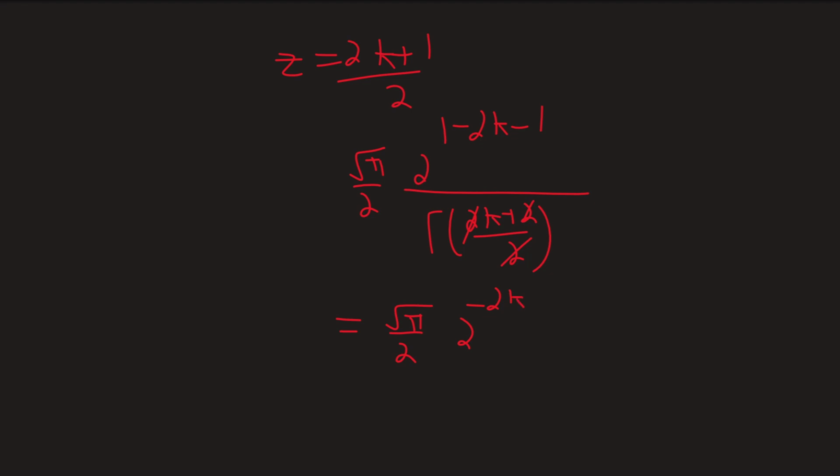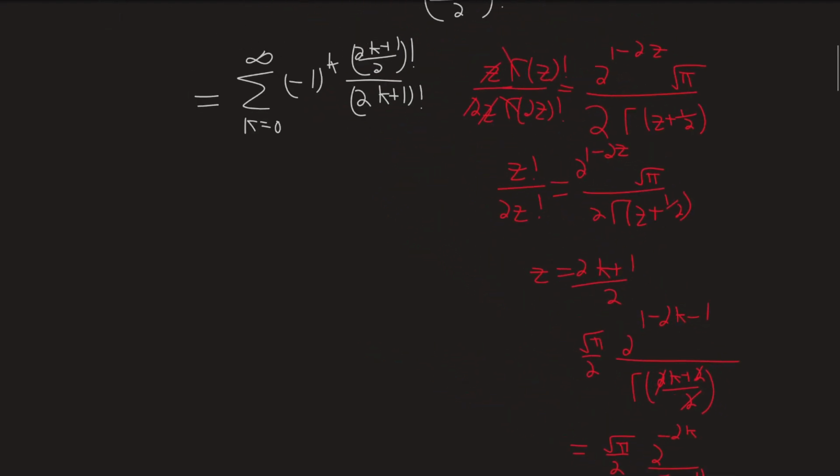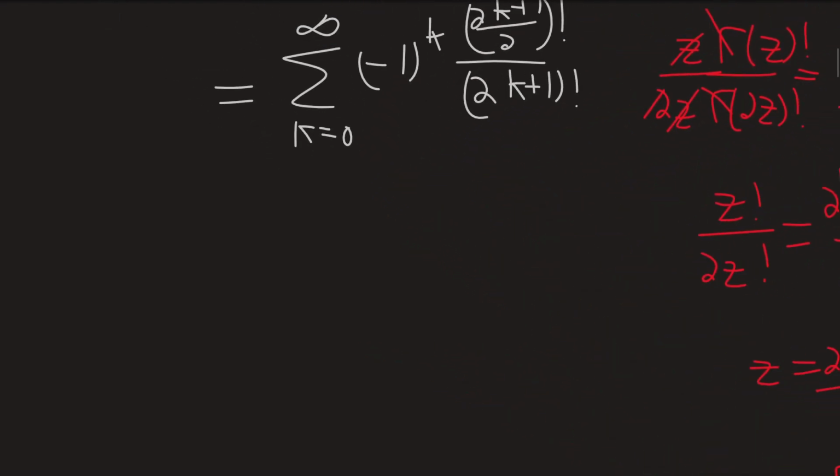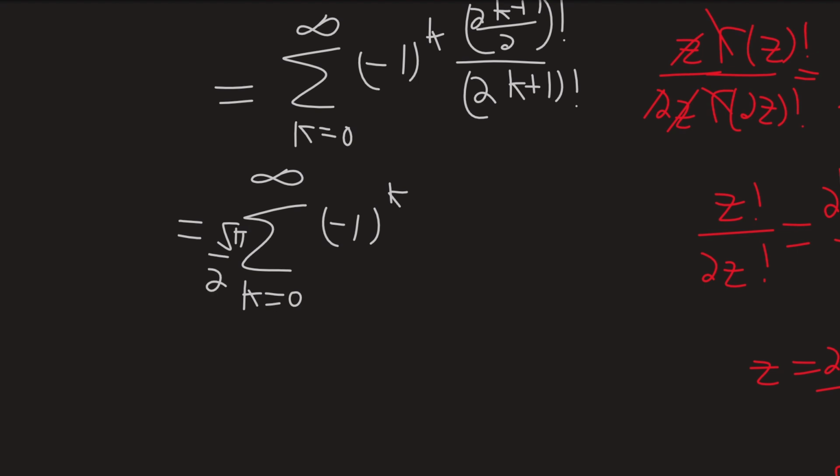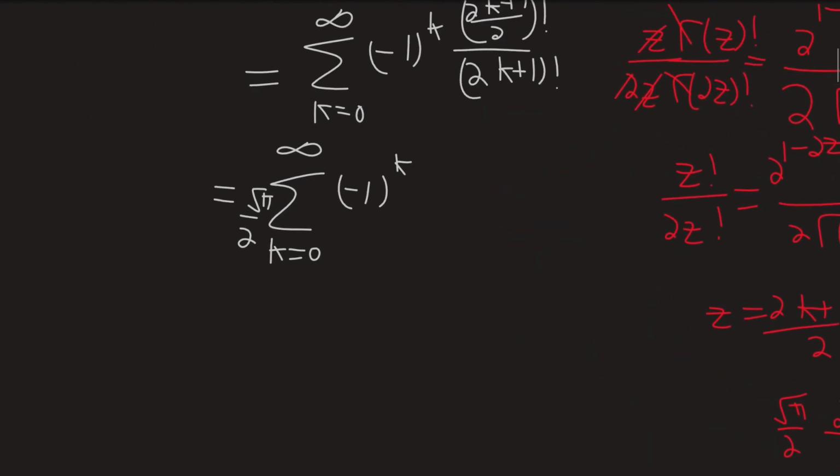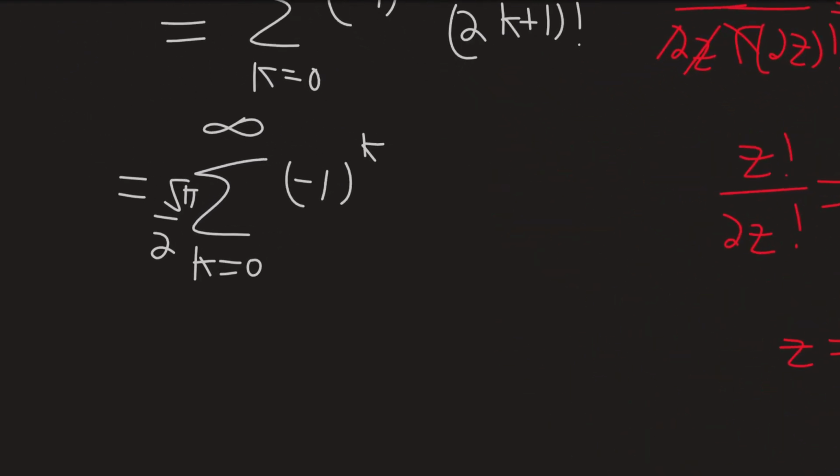So subbing this back into our original summation, what we're left with is the sum from k equals 0 to infinity of negative 1 to the k, with the square root of pi over 2 out front, times 4 to the negative k, I'm simplifying a little bit, over k factorial.